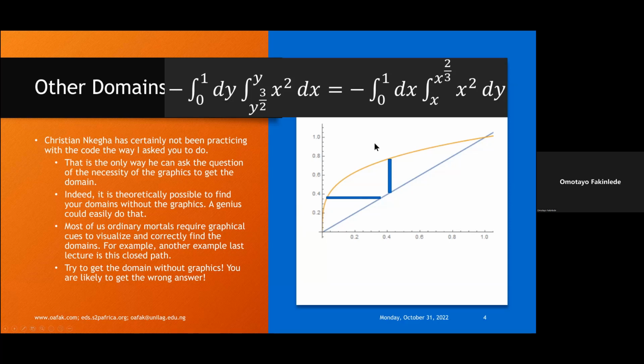Virtually all simple things that you do when you are trying to get domains might benefit from a sketch. A rough sketch doesn't have to be an accurate sketch. A rough sketch will be good enough. But doing nothing and just trying to imagine it is not necessarily the wisest thing to do. So my answer to Christian is that yes, you do not have to have graphics to do your domains, but graphics can greatly assist you to get the domains correctly.